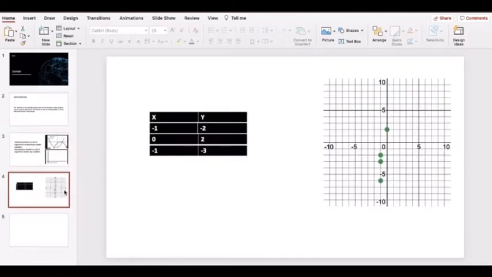How do you know if something is a function or non-function? If the x value, which is the domain, is repeating, and you have a table, and if they have a different output, different y values, that means it's not a function.